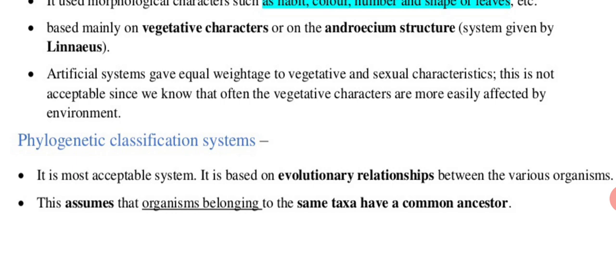In other words, phylogenetic classification takes into account the ancestral history of that particular plant. Ancestral history means from what the plant has arisen.